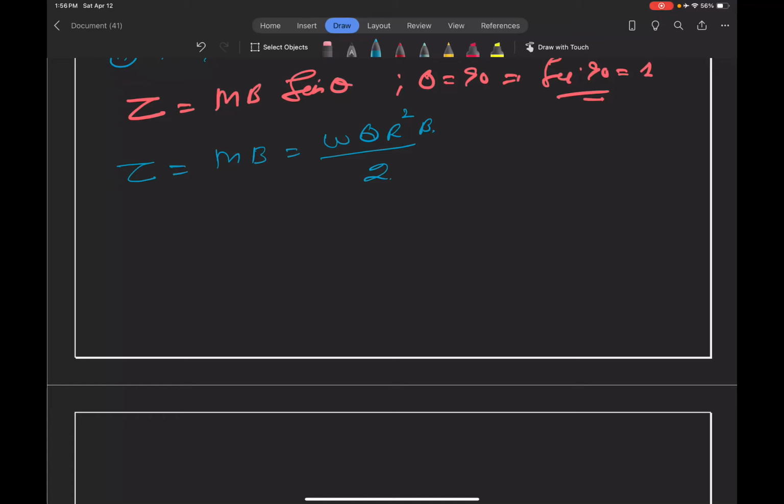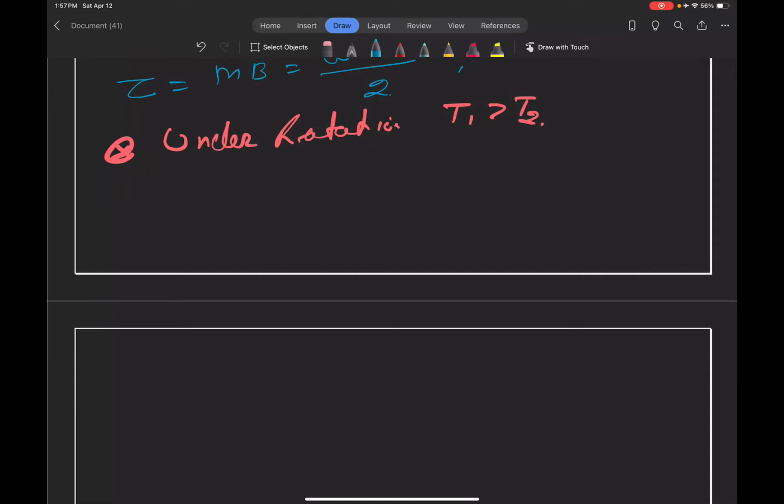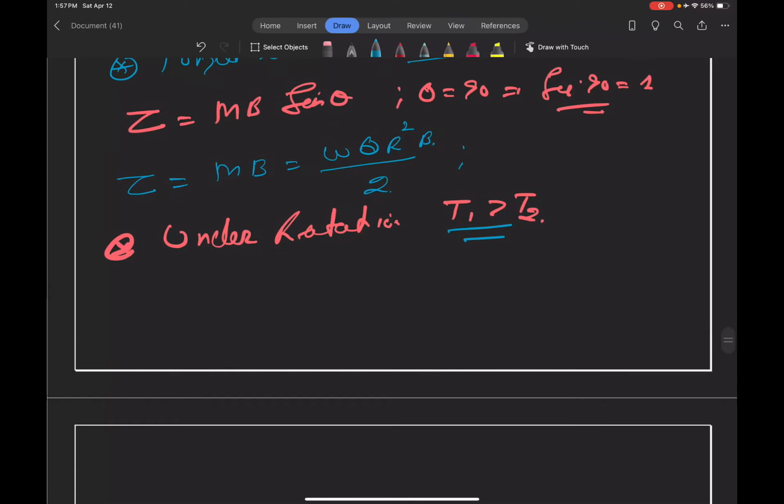Now this torque will be balanced by the difference in the tension. Like I said, if it is under rotation, T1 is greater than T2, and because of this unequal tension we can find out the net tension in the string, and this net tension is going to generate a torque itself, which will be balanced by the torque because of the magnetic moment.